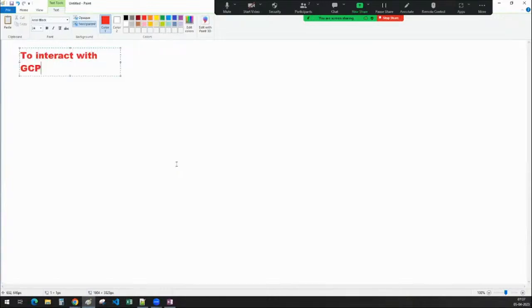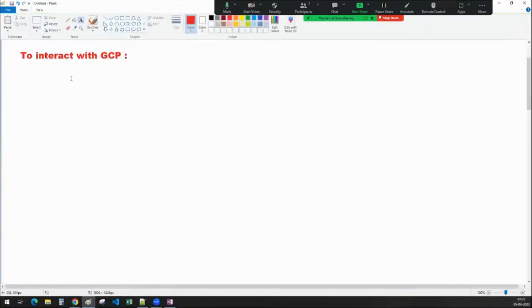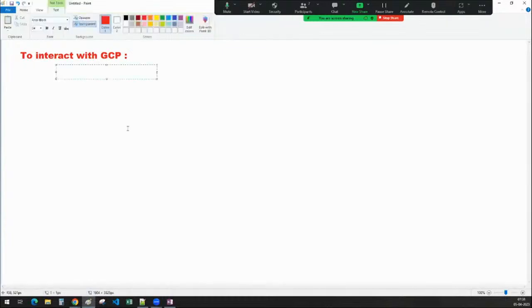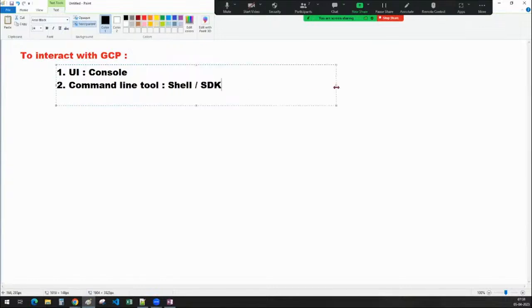There are plenty of ways, such as APIs, but mainly as a developer or data engineer, we are going to focus on two things. One is the user interface, which we call the console. The other is the command line tool, that is your shell or SDK. These are the two ways we can work.